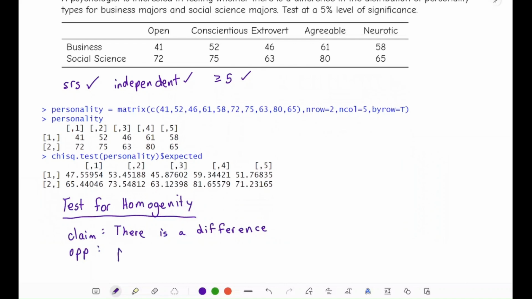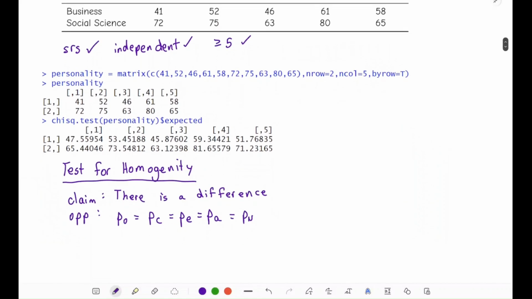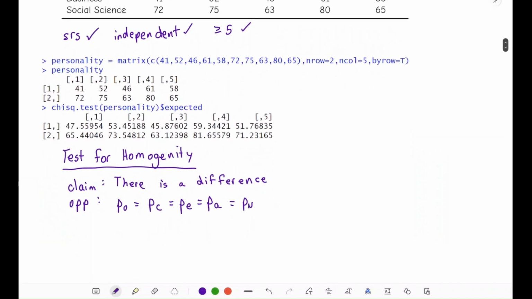So the proportion of open personalities is equal to the proportion of conscientious personalities, is equal to the proportion of extrovert personalities, is equal to the proportion of agreeable personalities, and is equal to the proportion of neurotic personalities. So we actually have 5 proportions we're testing in this problem. And then the null is where they're all equal.